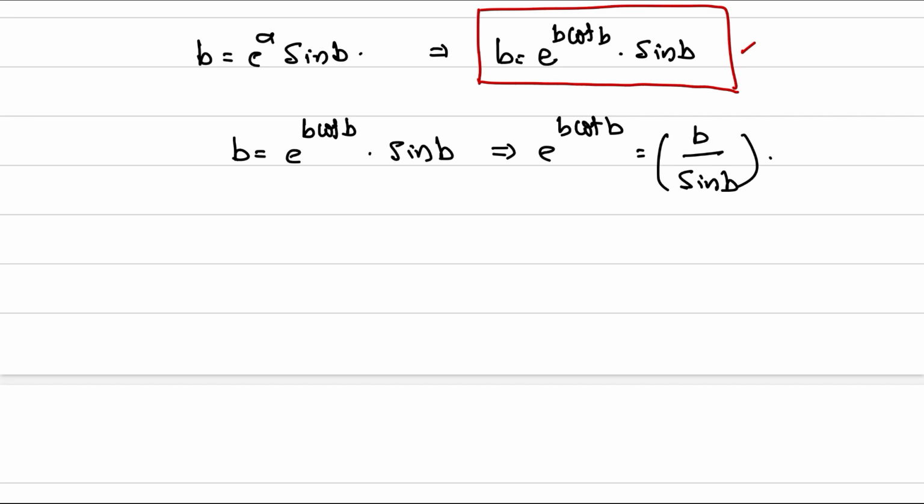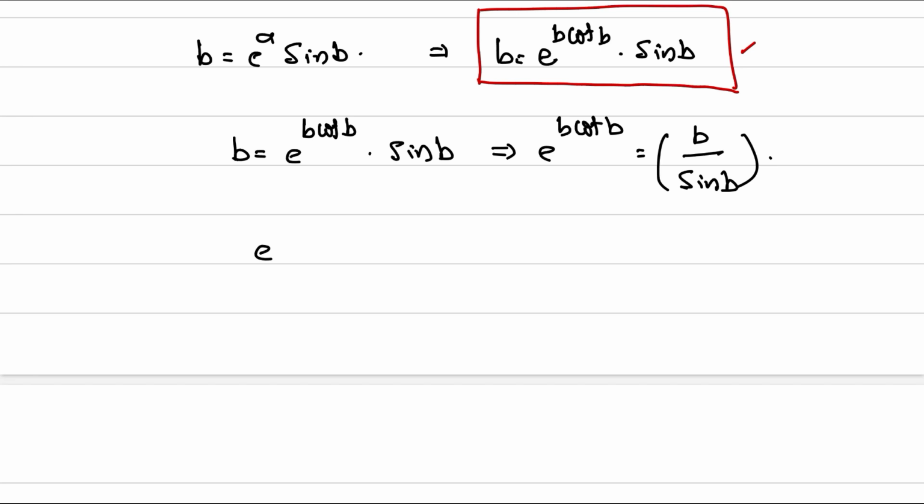That means e to the power of some real value is equal to some real value.